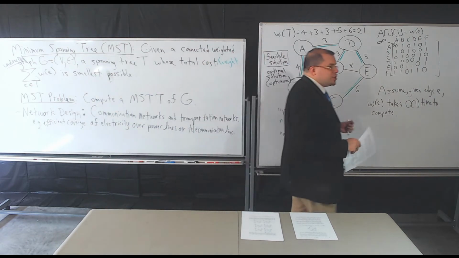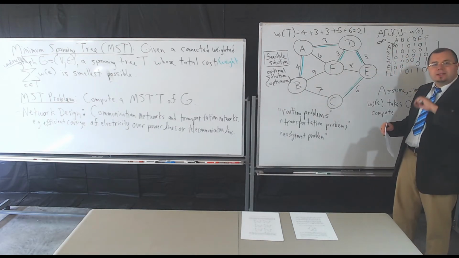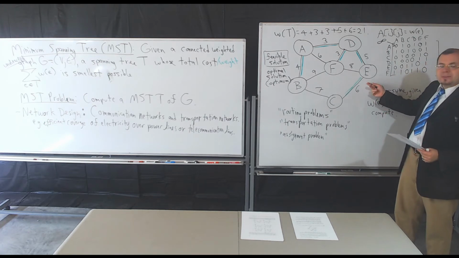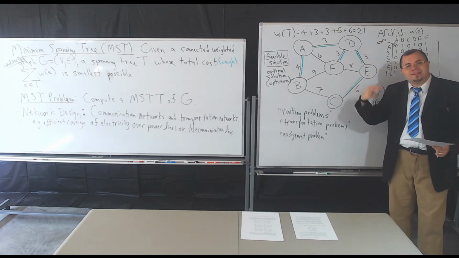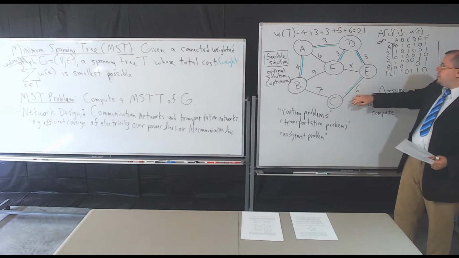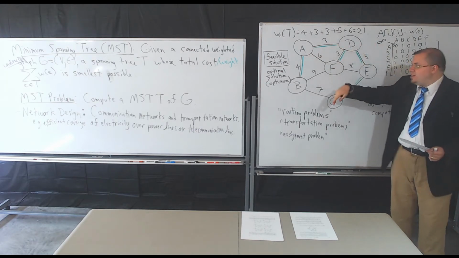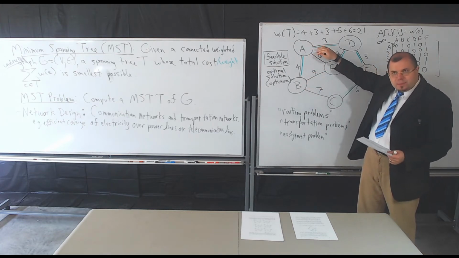I should mention that distributing electricity typically has a very tree-like structure. It's not very much of a surprise that when you build a network of power lines that are supposed to distribute to different sites, you can think of each one of these as some sort of site where there's some set of power lines, and each one of these lines costs something to build.